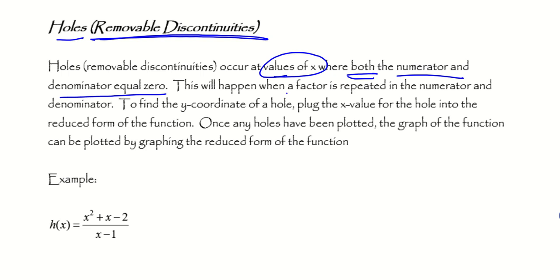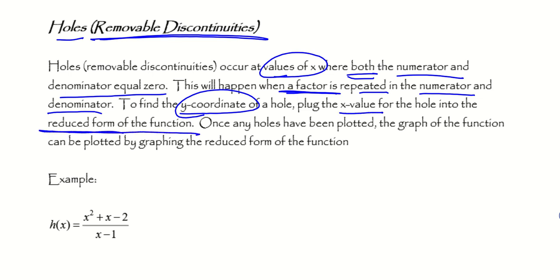That will happen when we have a factor that is repeated both in the numerator and denominator. So the hole is a point. Where that factor equals 0 is the x-coordinate. The y-coordinate of a hole will be what we get when we plug in the x-coordinate into the reduced form of the function, so after we cancel.